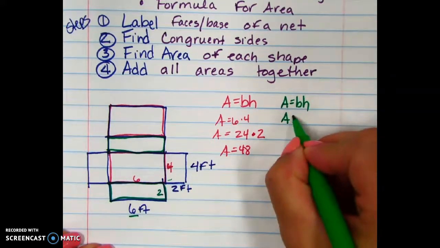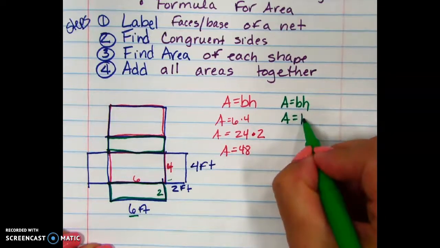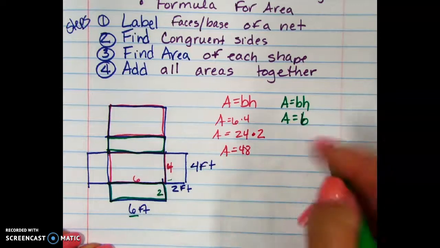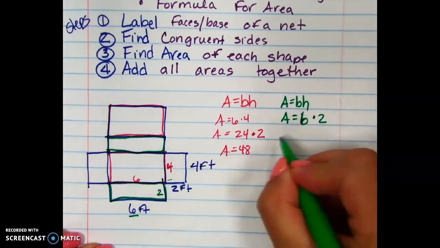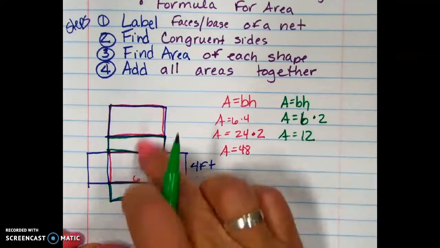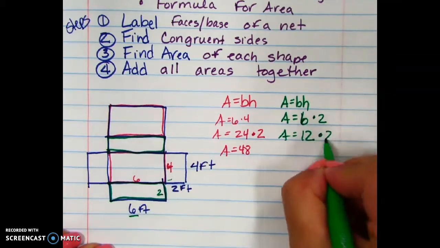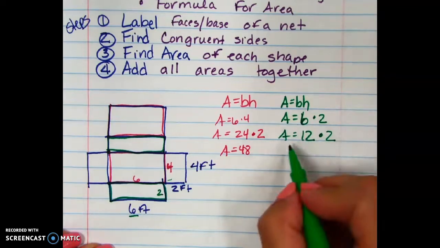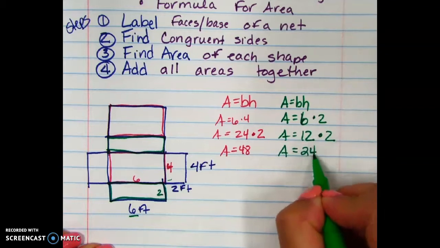So area equals base times height, which is 6 times 2. Area equals 12. How many of those shapes are there? There are 2, so that's why I multiply again by 2, and area equals 24.